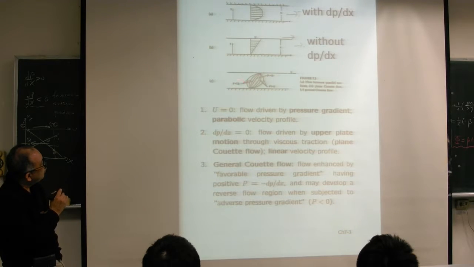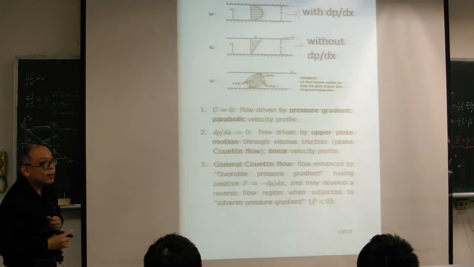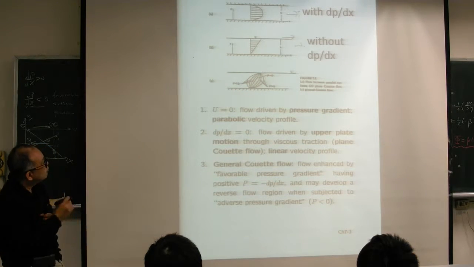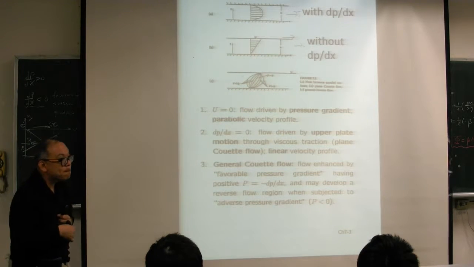When capital P is less than 0, a minus sign of the pressure gradient becomes negative. That means dp/dx is positive, and we have a reverse flow.